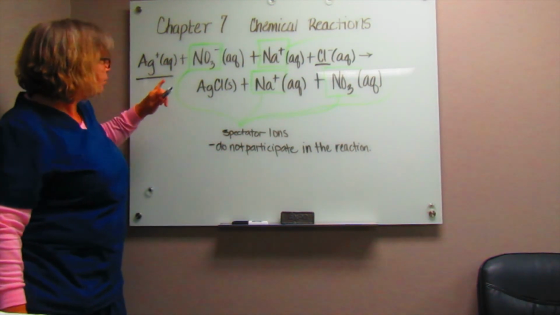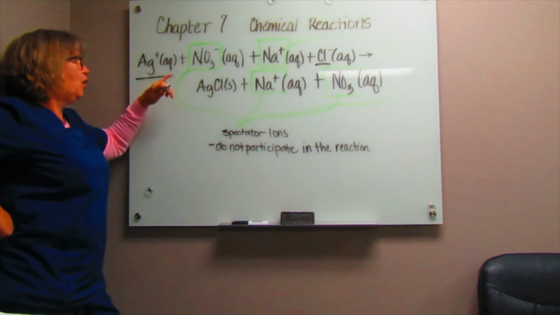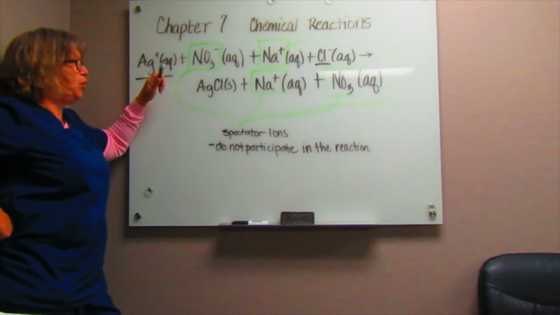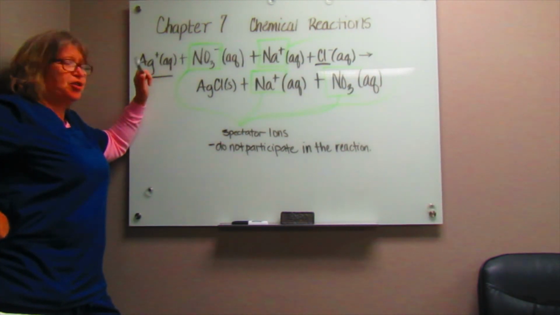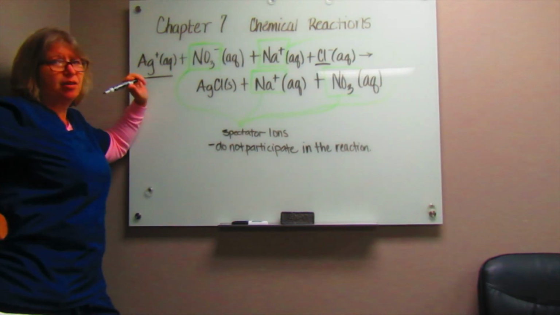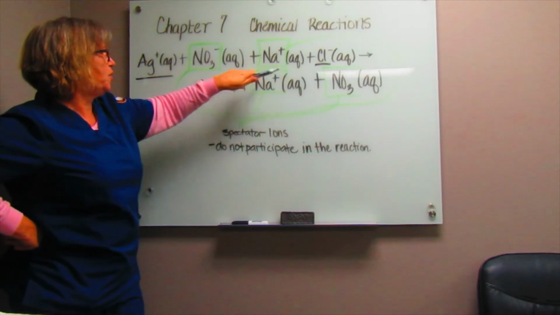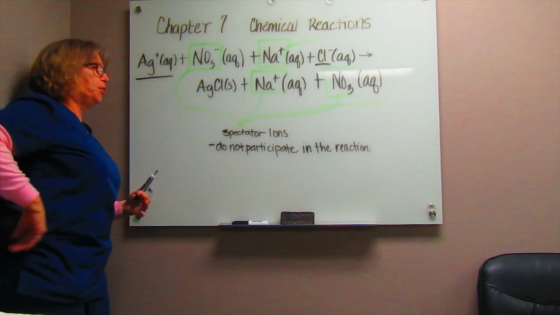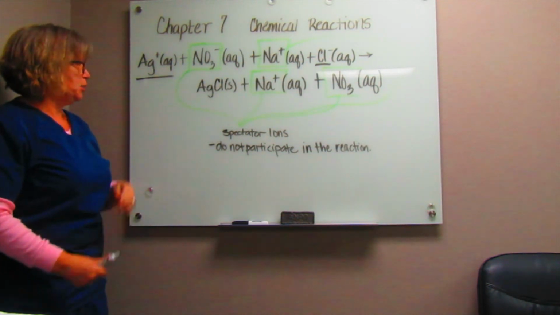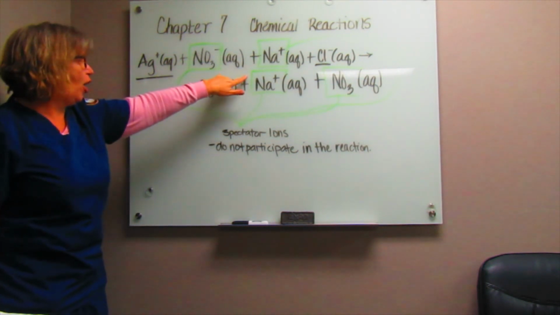So you need to know this because your professor on a quiz or an exam may give you an equation and ask you to identify the spectator ions, okay? The reason why we know that these substances, the sodium and the nitrate, don't participate in the reaction is because on the reactant side, they're aqueous.